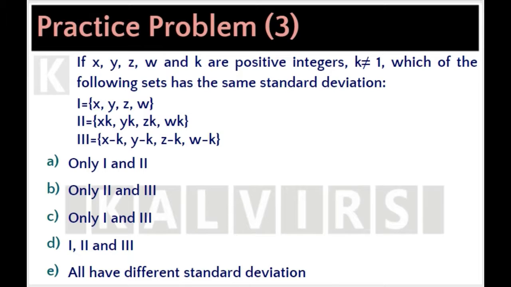Now, let's have a look at set 1 and set 2. Each of the members of set 2 is each of the members of set 1 multiplied by k. So, if you multiply the same number to each of the members of the set, does the standard deviation stay the same?